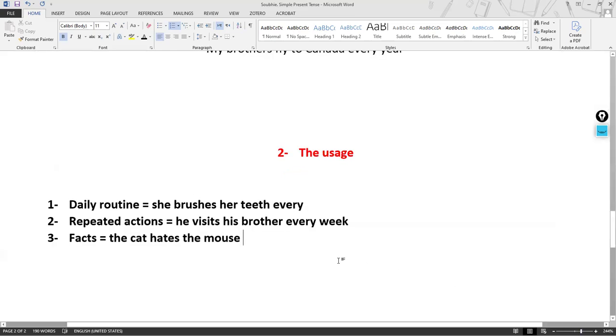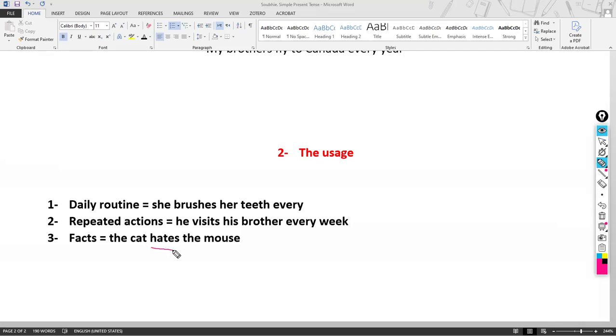This is a fact, something that cannot be changed by passing time. Millions of years ago, the cat hated the mouse, and after millions of years, the cat still hates the mouse. So it doesn't change at all.